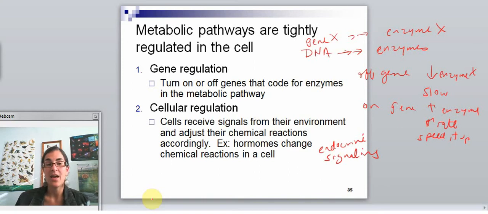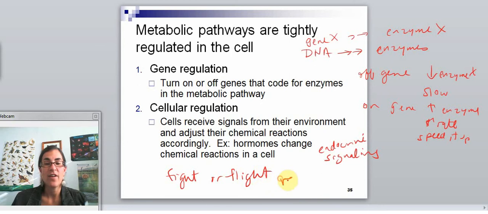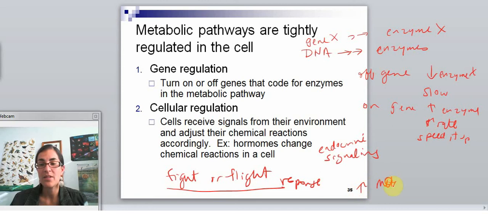It speeds up the breaking down of calories because it's preparing you to either fight or flee. So it's called the fight or flight response, right? You increase your metabolism to prepare to either run or fight.